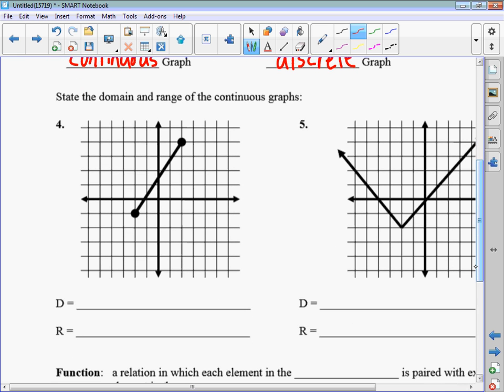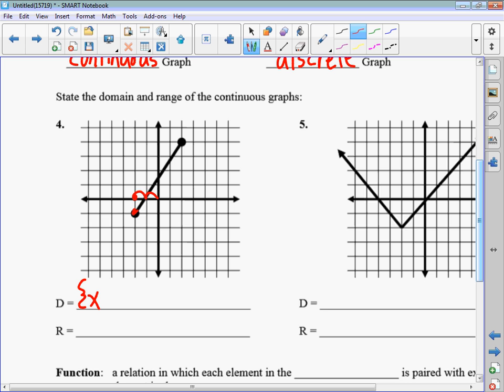And now looking at a picture, we can also identify the domain and range by just looking at a graph. This one starts all the way over at -1, -2. Right here, -2 for the domain. Now I'm going to write this one as an inequality.